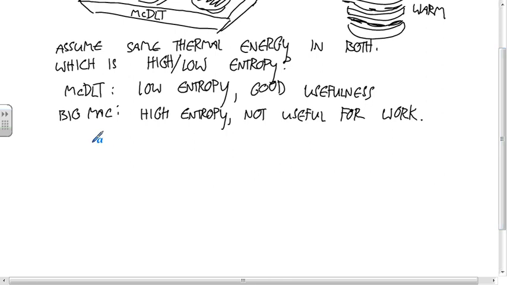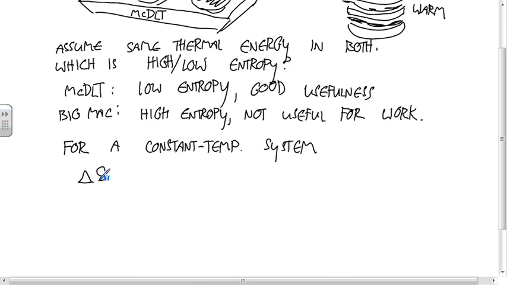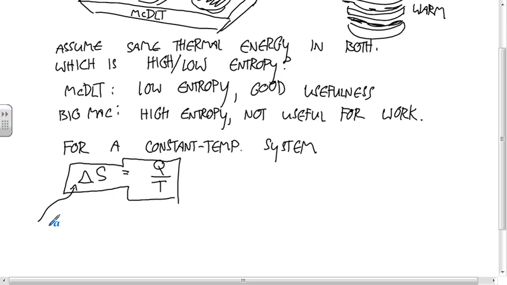And now for calculating entropy, for a constant temperature system, the change in the system's entropy is equal to Q over T. So change in S is the change in the system entropy.